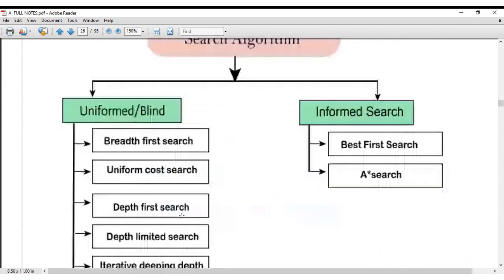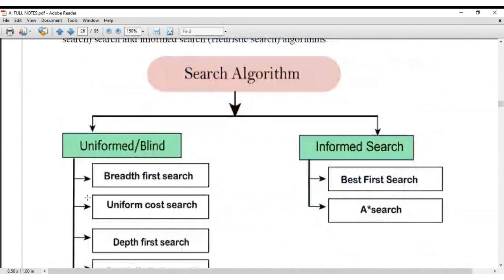Now these algorithms can be divided into two: uninformed or blind search and informed search algorithms. This is not uniformed, it's uninformed, sorry.